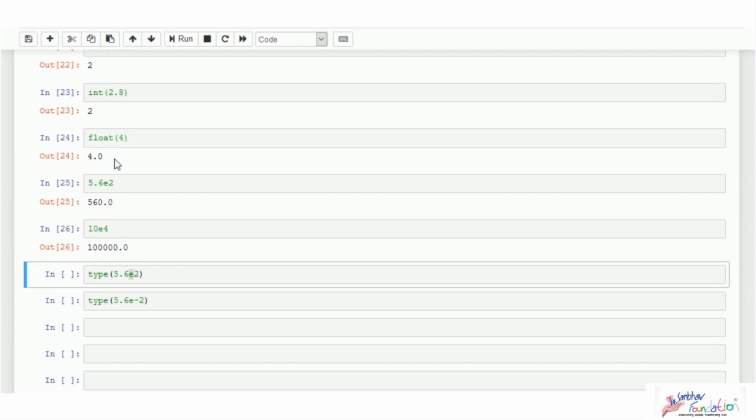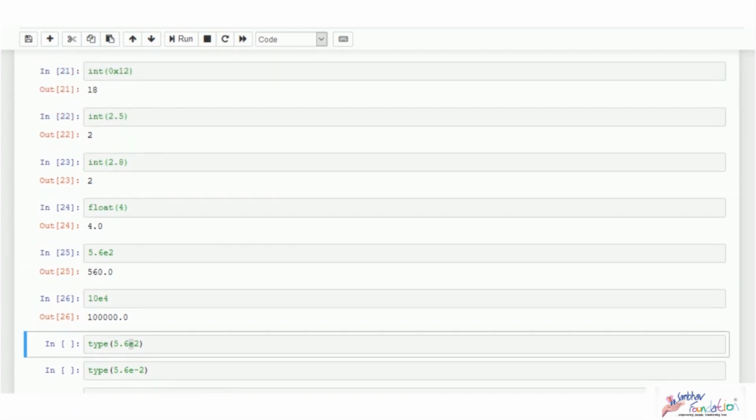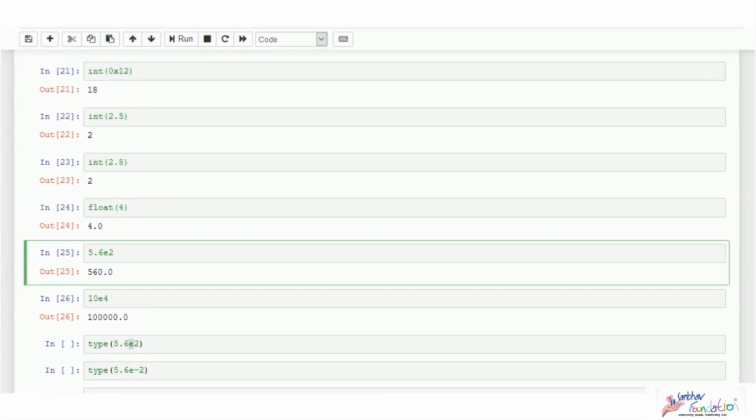Scientific notations are always given in this form: 5.6 into 10 power something. I am using the word power to represent the exponential form.